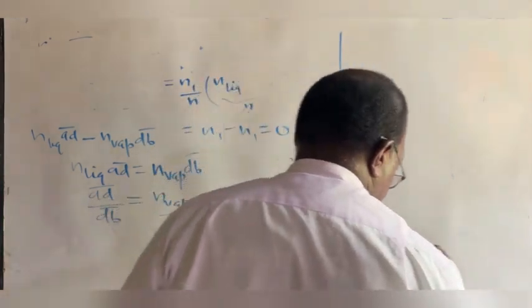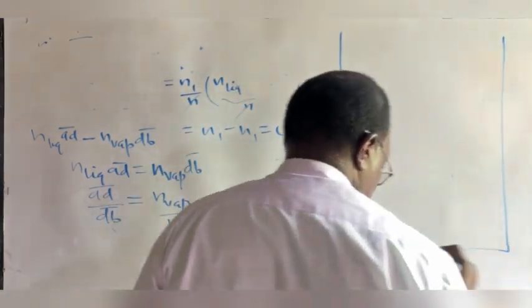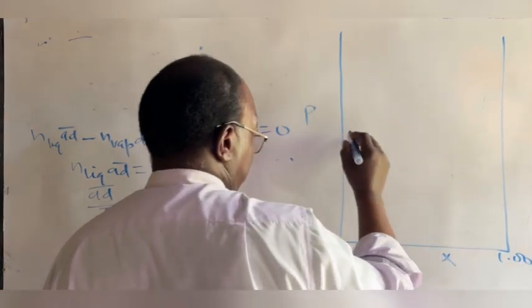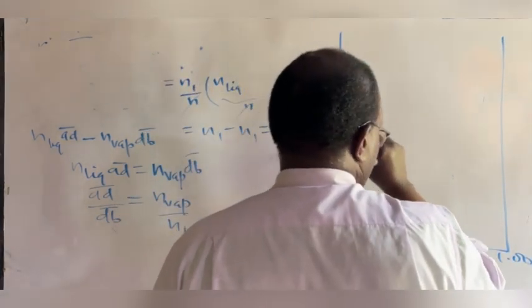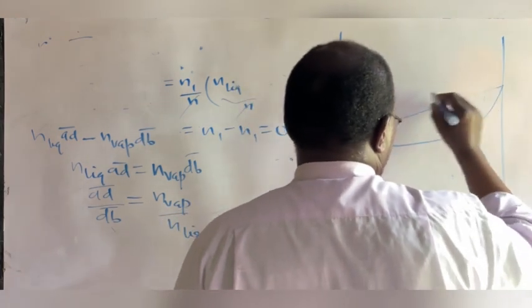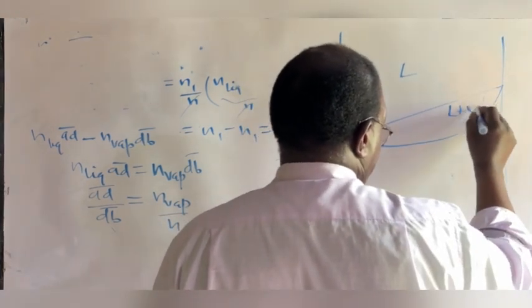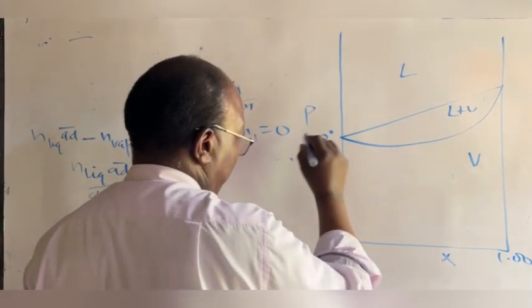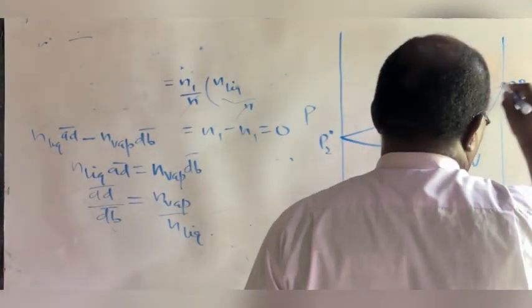You have that diagram there again. Mole fraction, pressure, the liquidus curve, the vapor curve, liquid, liquid plus vapor, vapor. P2 not, P1 not.